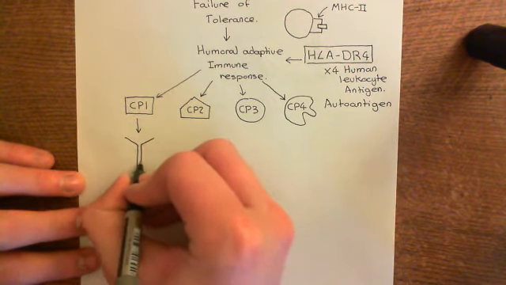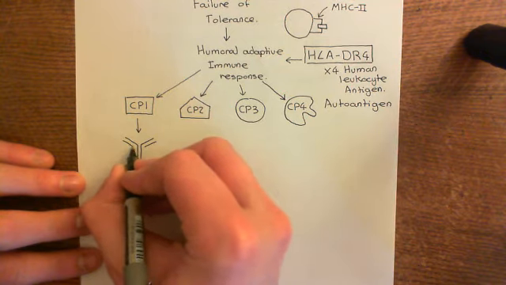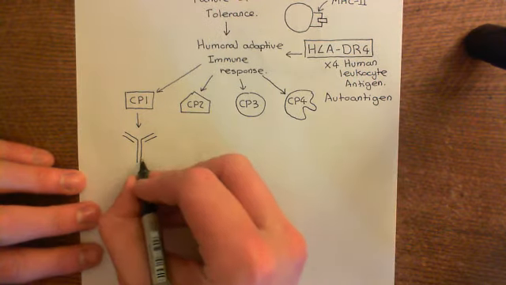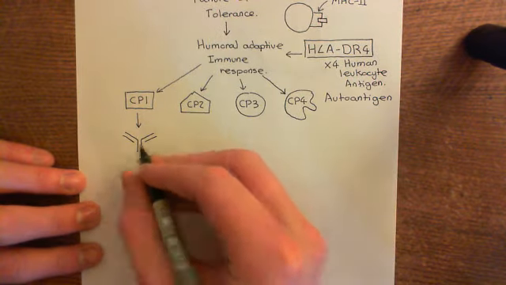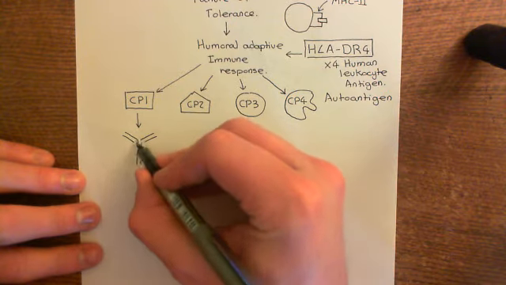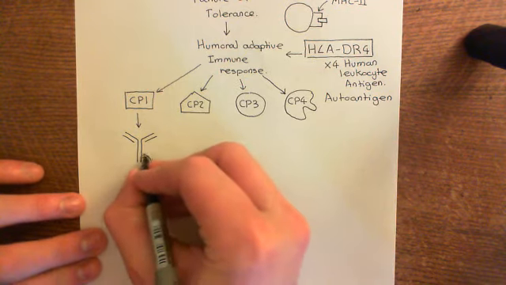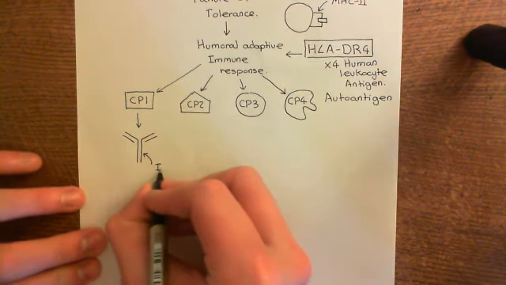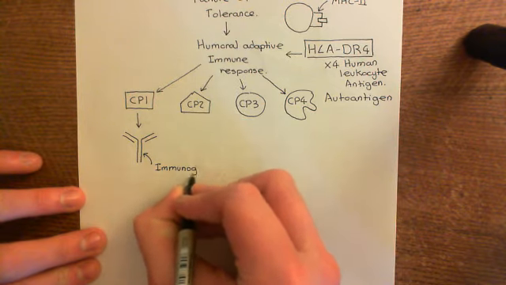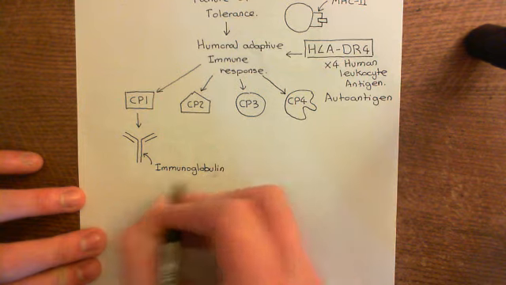So let me just remind you of the structure of an antibody. Here is my picture of an antibody. Antibodies consist of 2 heavy chains. Here is a heavy chain, and here is another heavy chain. The full name for this heavy chain is the immunoglobulin heavy chain. Another name for antibody is an immunoglobulin.